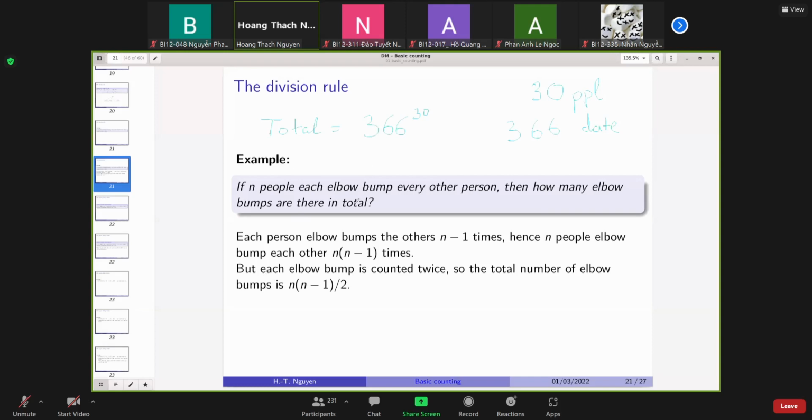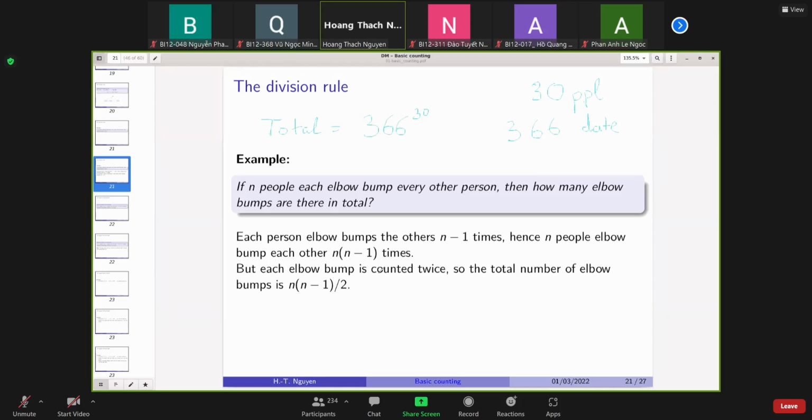Okay, so you know that in order to create a set of birthdays in which no two birthdays are the same, we may consider a procedure.